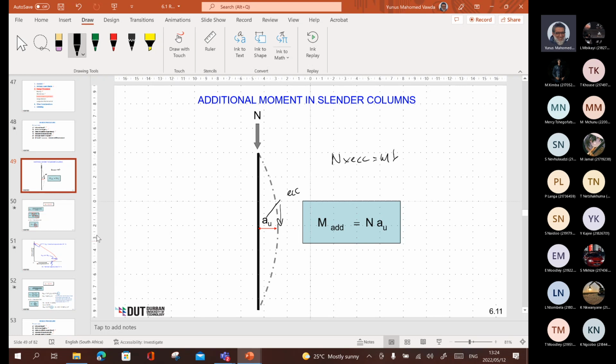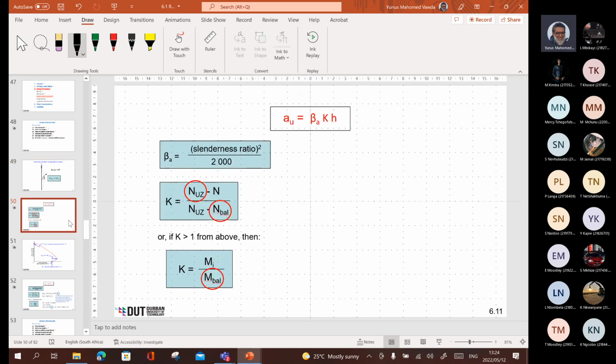Then the next thing we have to do is the slenderness ratio, which is given to us. a_u we know is equal to beta a K times h. So how much is that deflection? It can vary depending on a number of factors. What the code has done is simplify it. You can go into detail, and I suppose this will come into your honors program, about that buckling mode and how we arrive at those a_u values.